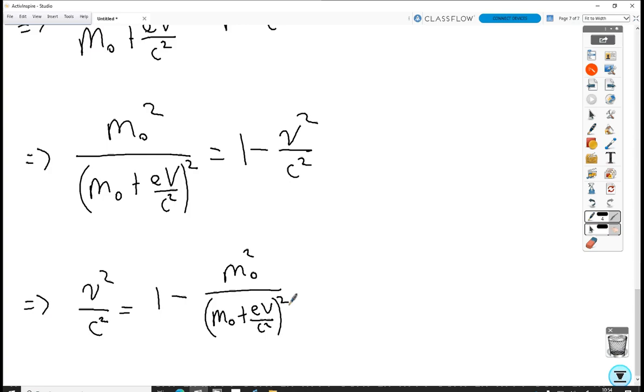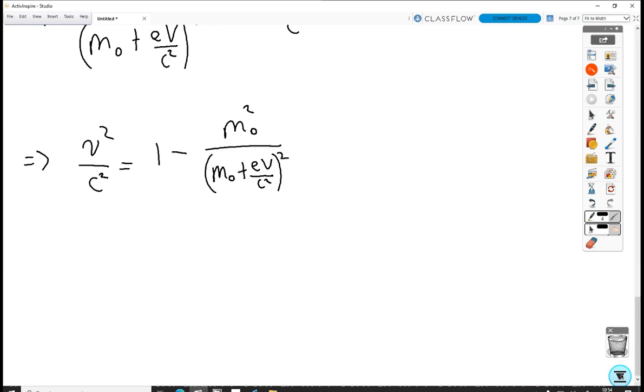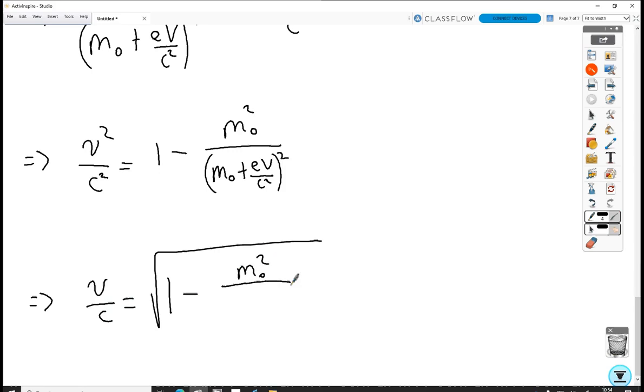And then square root the entire thing to get v over c: the square root of 1 minus m naught squared over m naught plus EV over c squared, squared. And that's given us v over c.